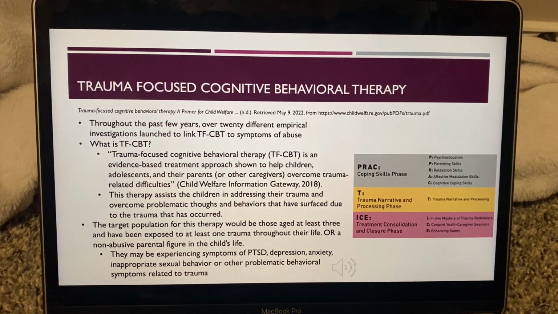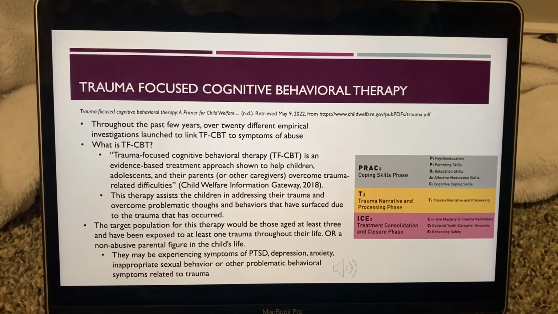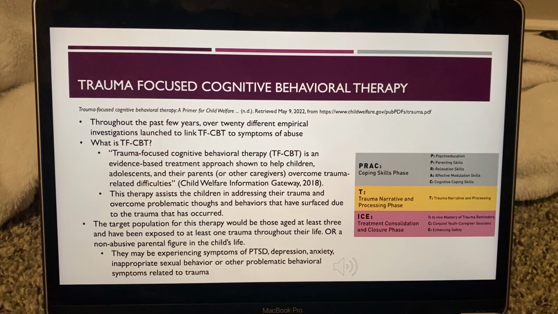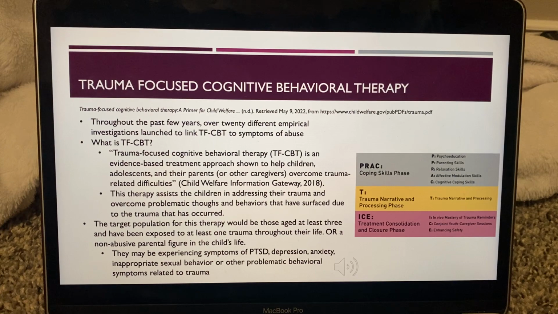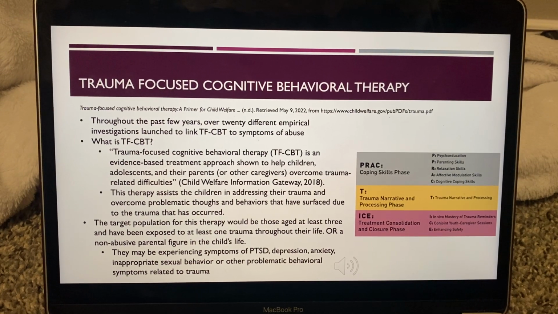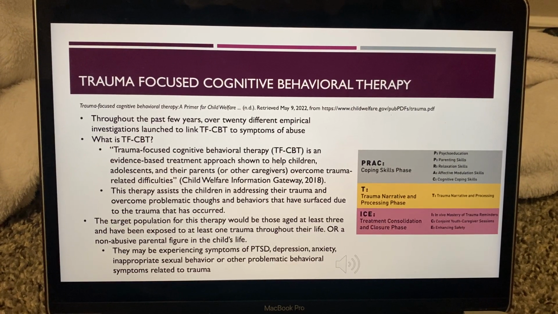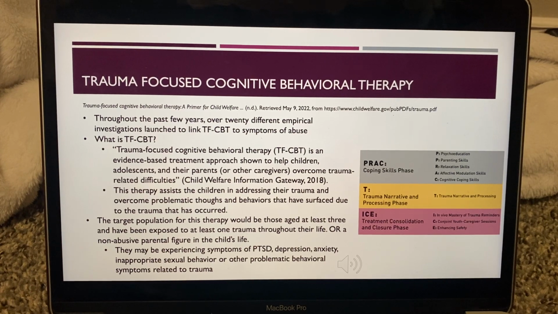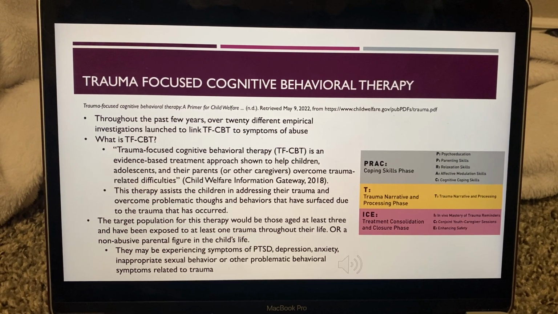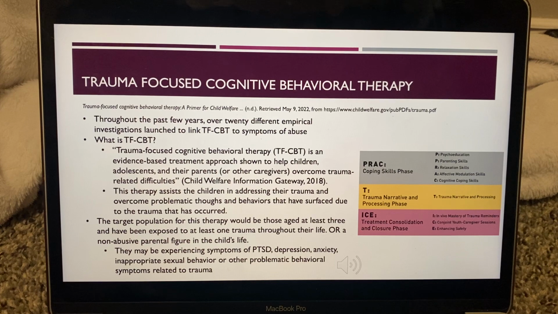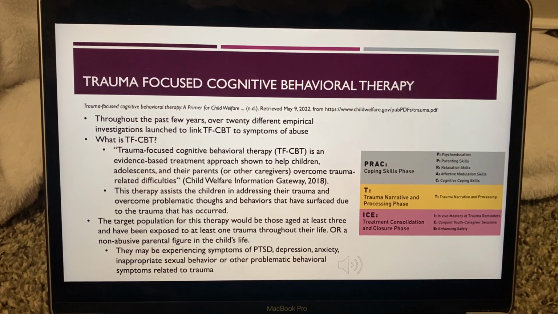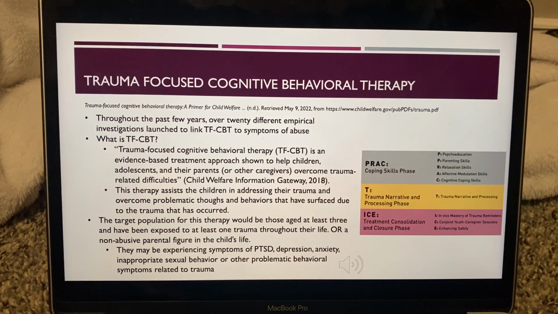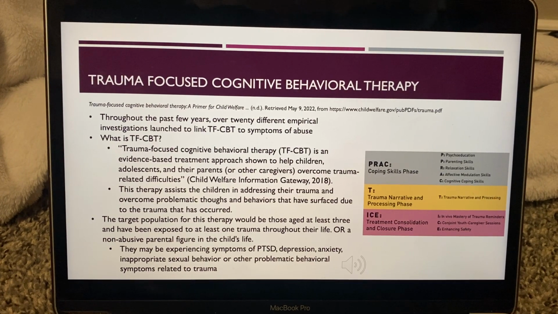This therapy follows the PRACTICE model. So it goes psychoeducation, parenting skills, relaxation skills, affective modulation skills, cognitive coping skills, trauma narrative and processing, and we move into the closure phase, which is in vivo mastery of trauma reminders, conjoint youth-caregiver sessions, and enhancing safety.